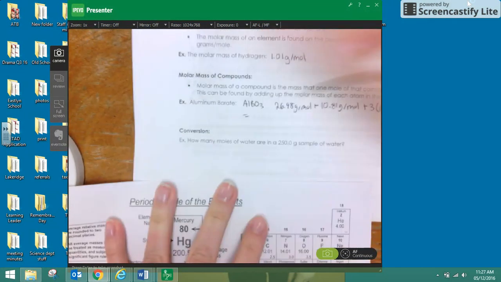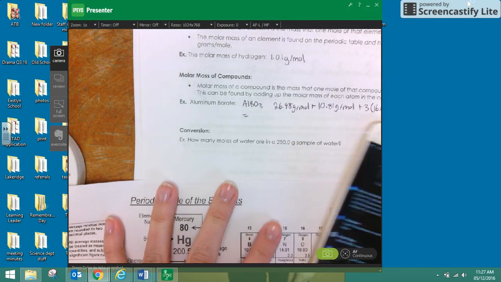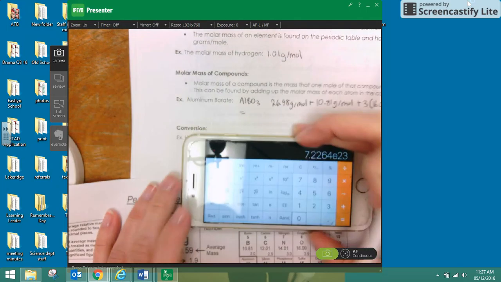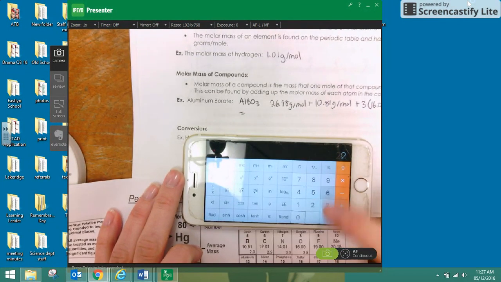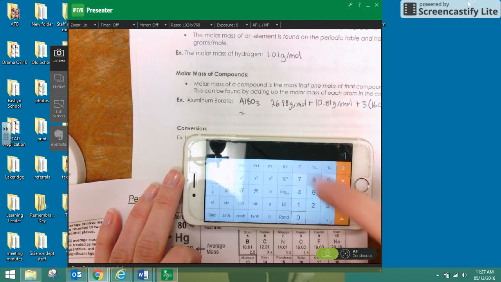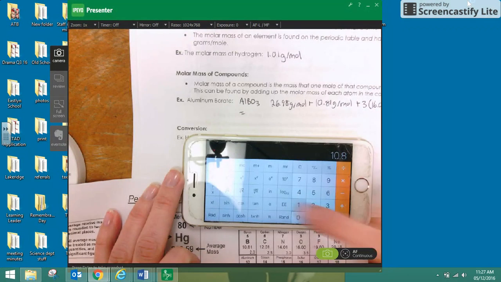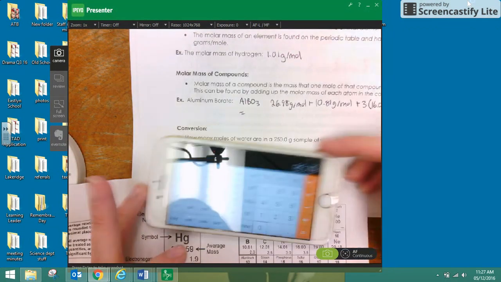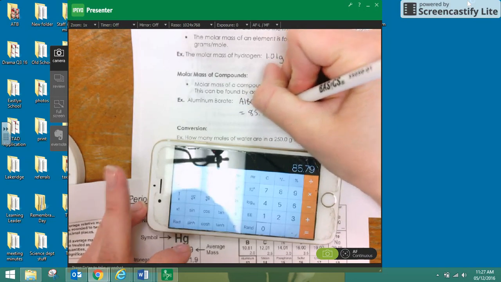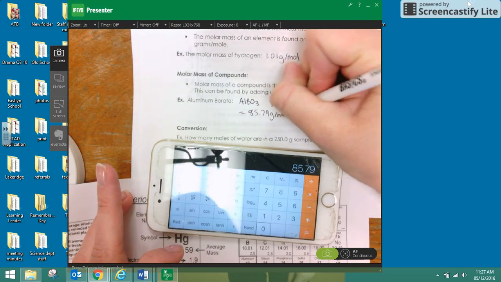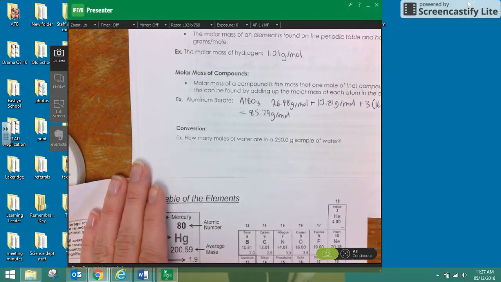And you just add that on your calculator. And it's 85.79 grams per mole. So that's how you find the molar mass.